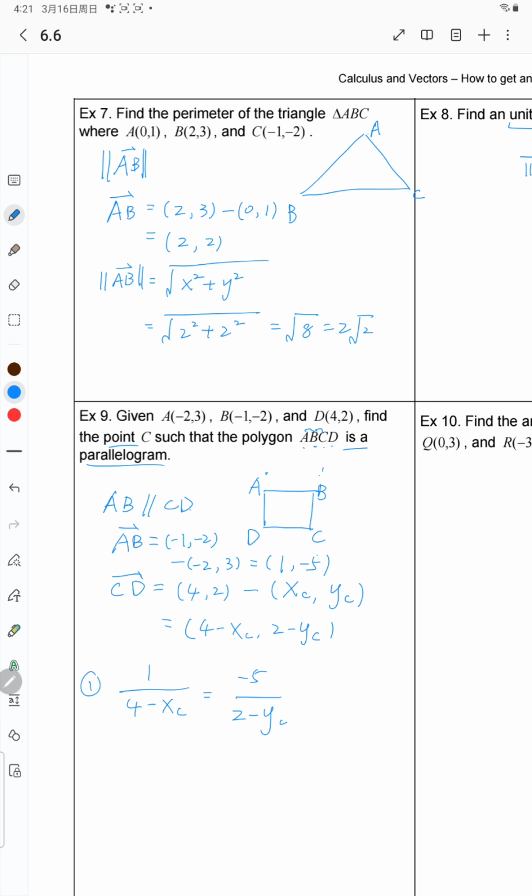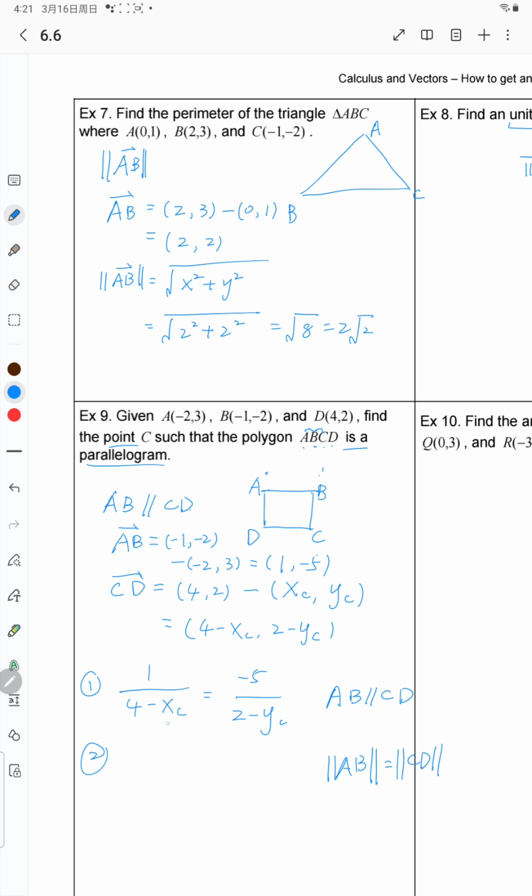So this is the first relation. And then the second relation is that since it's a parallelogram, they are parallel, and the lengths of AB and CD are equal, right? So we're just going to calculate the lengths.